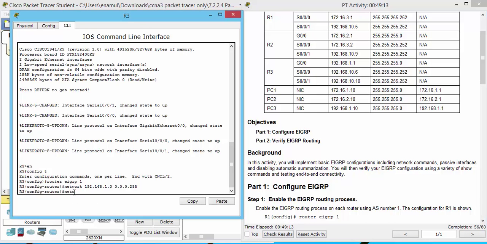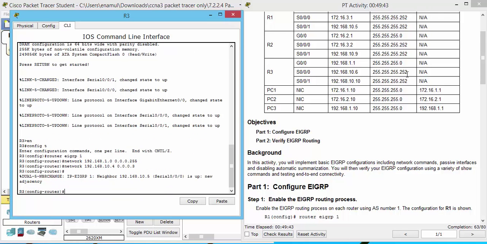So we advertise network 192.168.10.4, and the wildcard mask is going to be 0.0.0.3. We see the neighbor adjacency message.